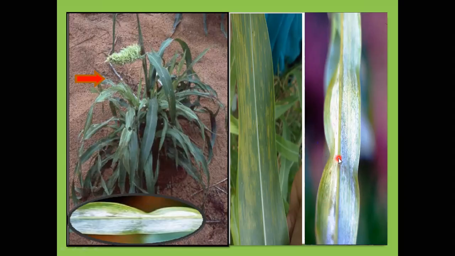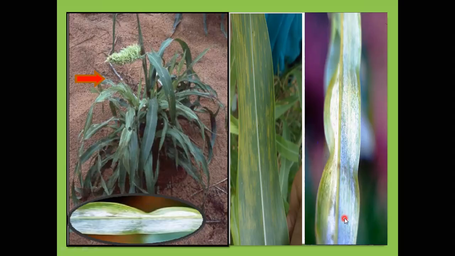This means you should know which type of symptoms is produced on which side of the leaf. Generally, chlorotic patches or chlorotic streaks are mainly seen on the upper side of the leaf, and the corresponding lower side of the leaf may show whitish downy growth.